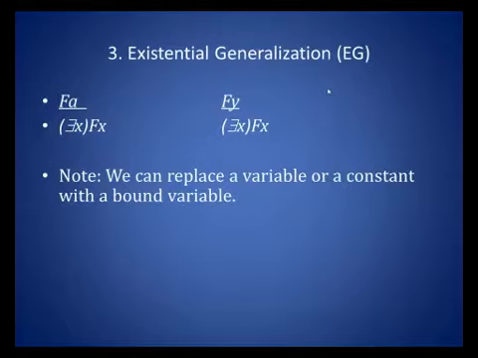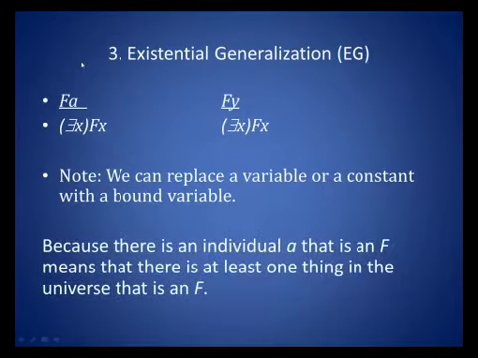Unlike UG, where I could not go from constant to variable, with EG I can. And there's a reason for this. Notice what it says. There's an individual a that is an F. Looking at my left over here, there is an individual a who is F. So again, let's think that a stands for atom and F for fantastic. So I'm saying atom is fantastic.